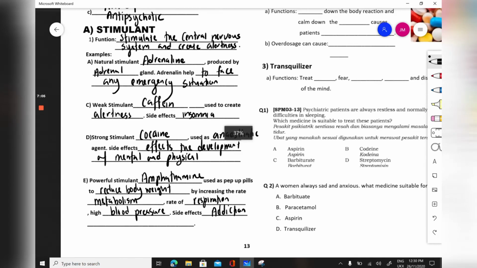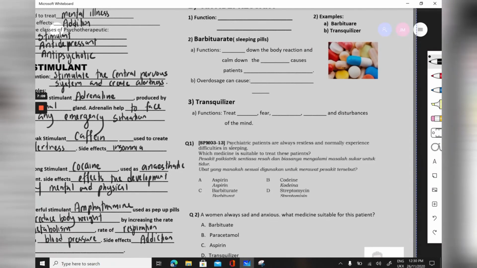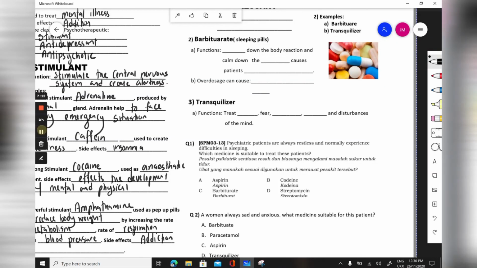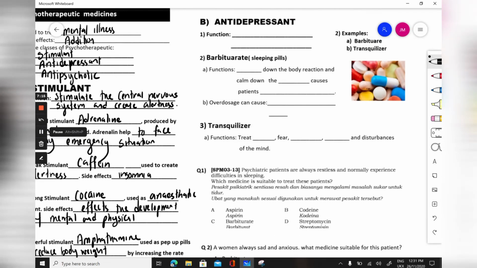And the second class of psychotropic medicine is known as antidepressant. Antidepressant is used to treat depression, and it is also used to treat stress, tension, anxiety.